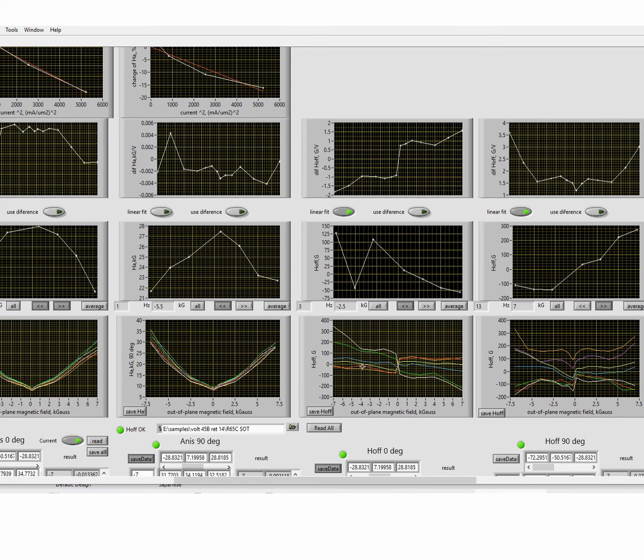Again, this is a measurement of two in-plane components of offset field, and again, lines of different colors correspond to different currents, and you can see offset field is substantially modulated by current.